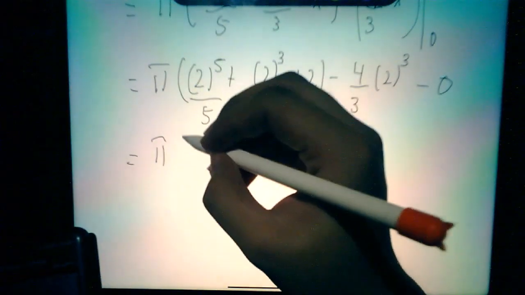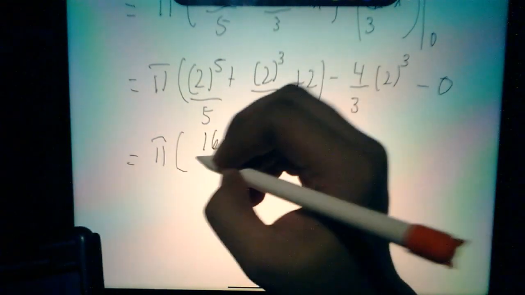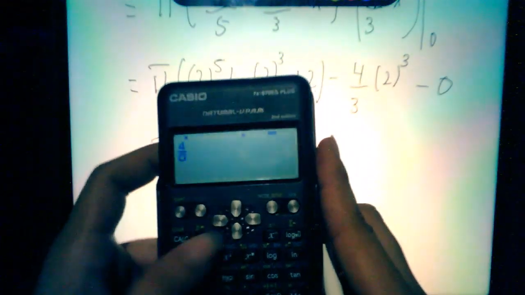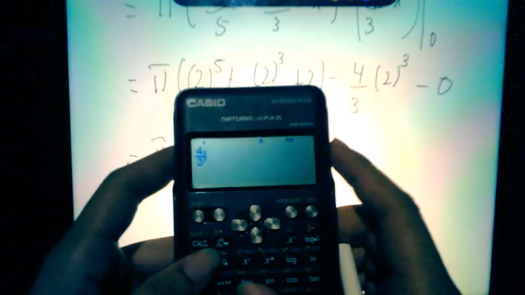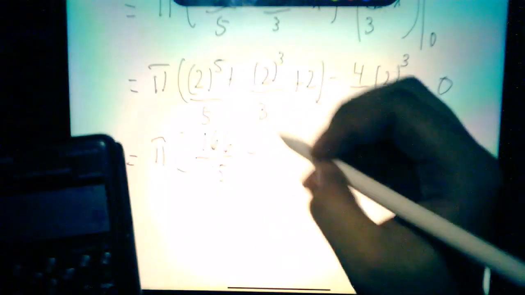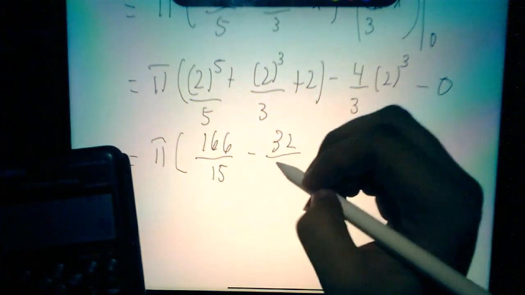This is equal to pi times 166 over 15 minus 4 thirds times 2 raised to 3, which becomes minus 32 over 3.